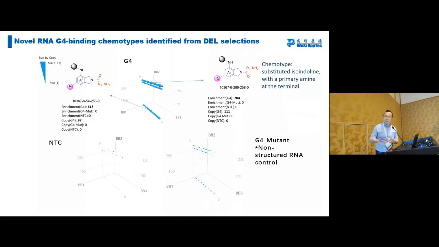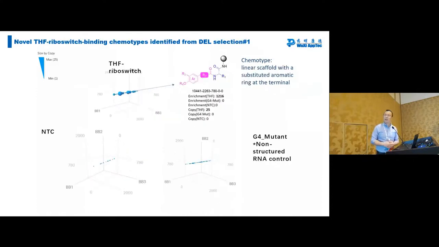After selection, we were able to identify some substituted isoindolinone structures that seem to be fairly selective to our RNA target. Similarly, in the other target, the THF riboswitch, we also found some interesting linear scaffolds that selectively bound to the THF target.